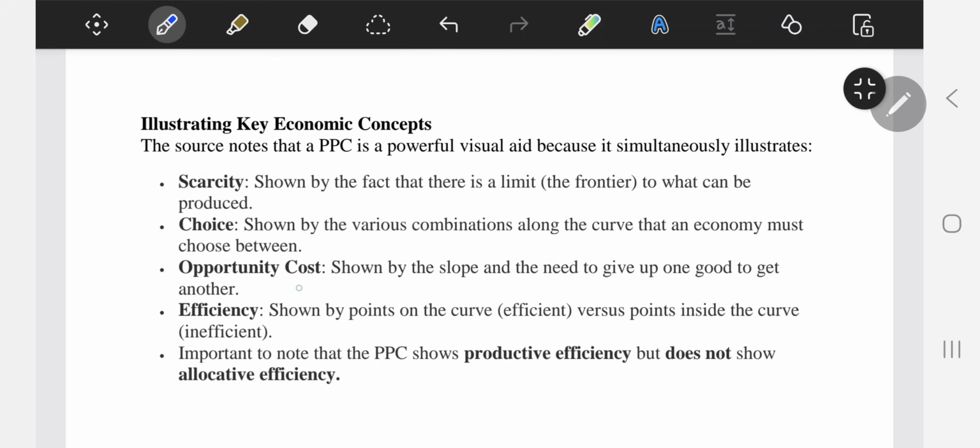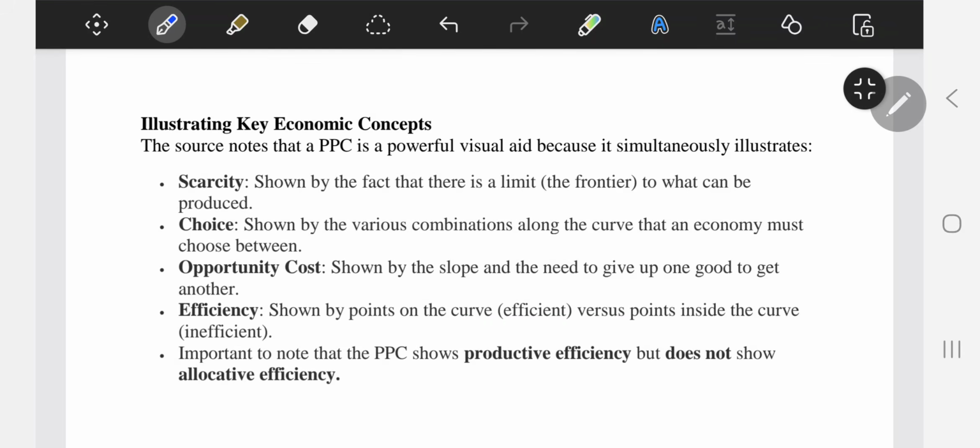That is called opportunity cost, when you have to sacrifice something in order for this to be achieved. We also have efficiency, which can be shown by what we talked about, productive efficiency, and this is on the PPC.